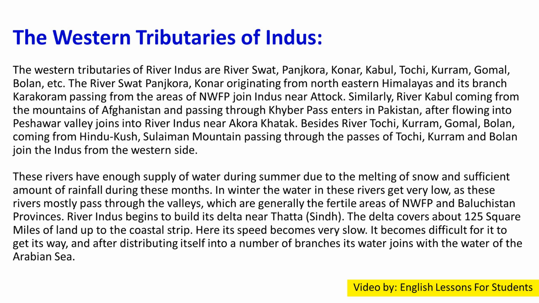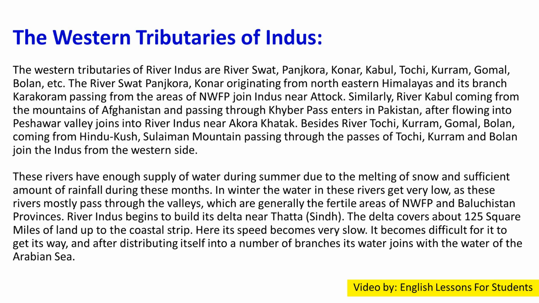The western tributaries of Indus. The western tributaries of River Indus are River Swat, Panjkora, Kunar, Kabul, Tochi, Kurram, Gomal, Bolan, etc. The River Swat, Panjkora, Kunar, originating from northeastern Himalayas, and its branch Karakoram passing from the areas of NWFP, join Indus near Attock.